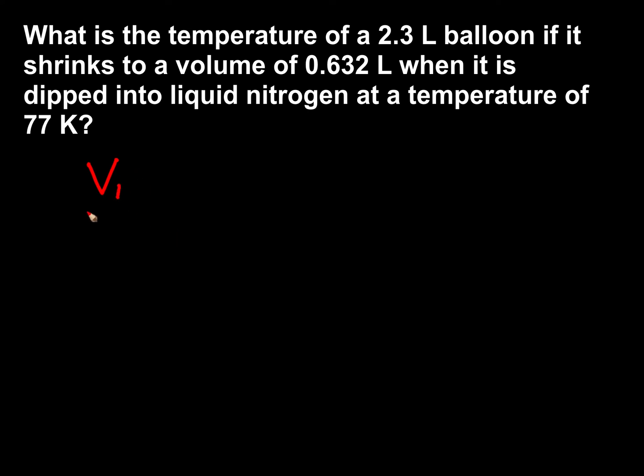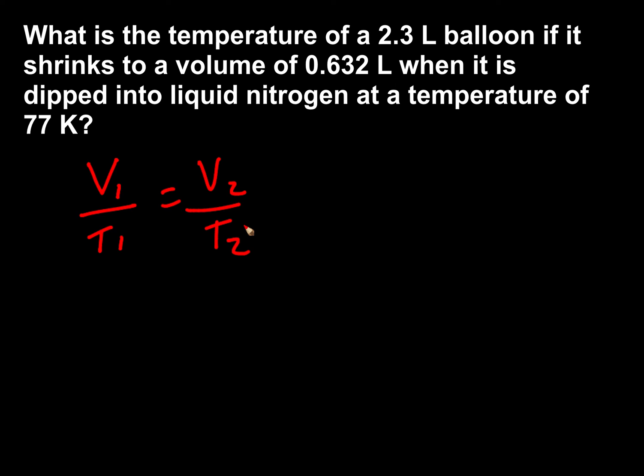So we know our formula, V1 over T1 equals V2 over T2. If we read this right, it says what is the temperature of a 2.3 liter balloon if it shrinks to a volume of 0.632 when it is dipped into liquid nitrogen at 77 Kelvin?